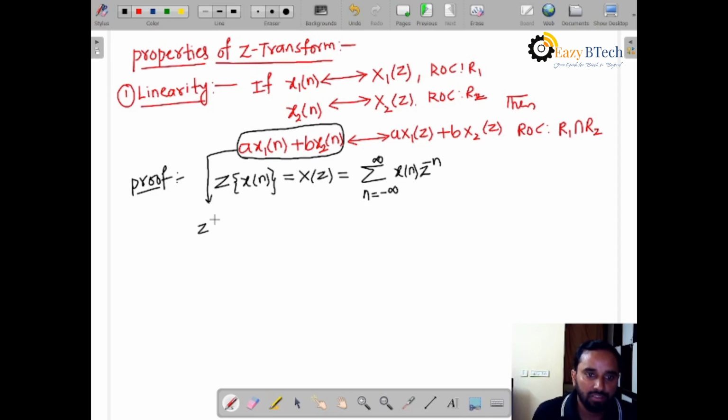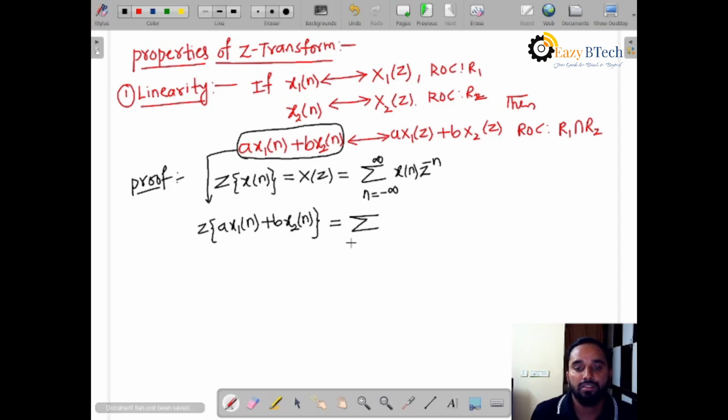Now Z transform of A x1 of n plus B x2 of n will become summation n is minus infinity to plus infinity, A x1 of n plus B x2 of n, times z power minus n.